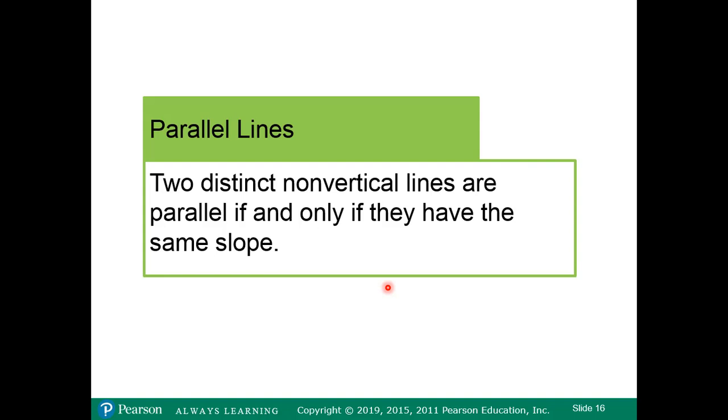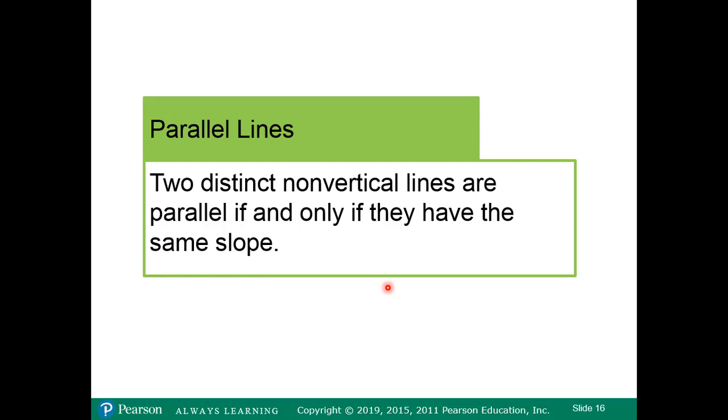So two distinct non-vertical lines are parallel if and only if they have the same slope. Typically they have the same slope but different y-intercepts, but the key characteristic is that they have the same slope.